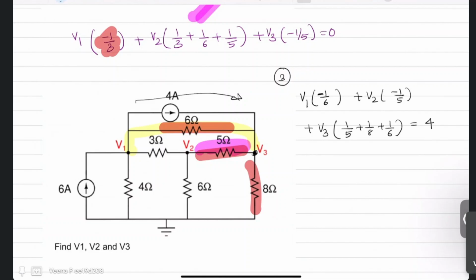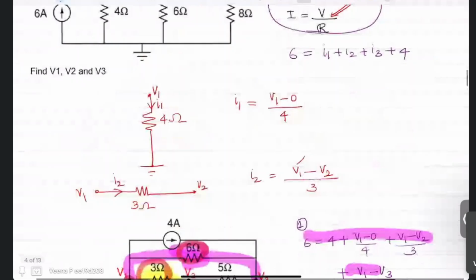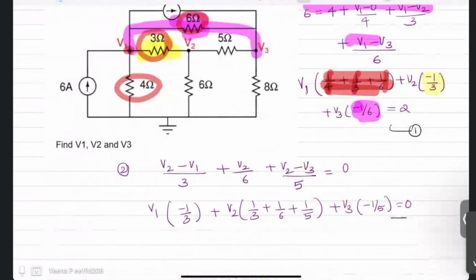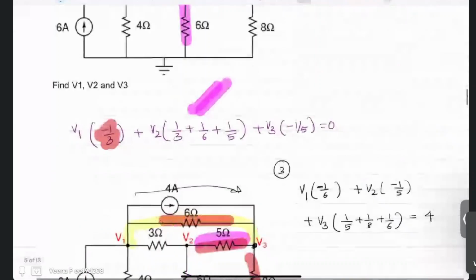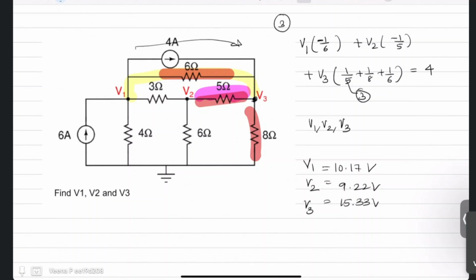So you have three equations, 1, 2 and 3, and you have three unknowns, which are V1, V2 and V3. You can solve it by putting it in the calculator and you will obtain the values of V1, V2 and V3 as 10.17 volts, 9.22 volts and 15.33 volts.